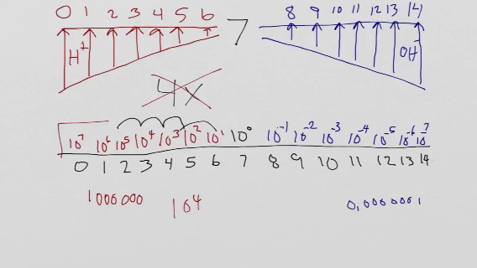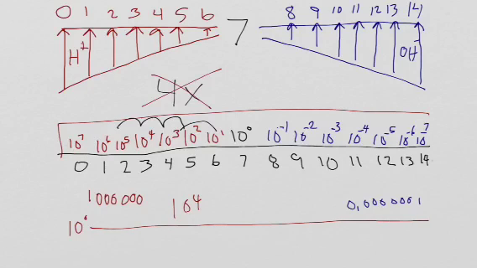When we talk about your negatives and your exponents, what you can do is start off with 10 to the 0 and work your way up. You get smaller and smaller to 10 to the negative 14, which means this is your base.